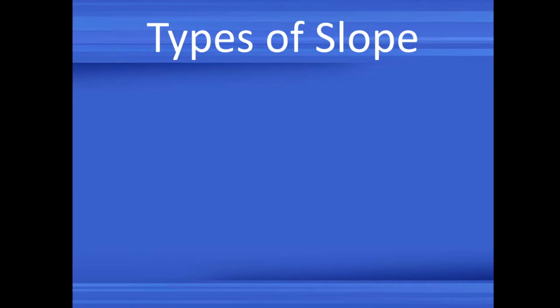All right. So we have four types of slope, right? The first type is the positive slope. So what is the positive slope? A positive slope generally means that the two variables are positively related. That is, when x increases, so does y.